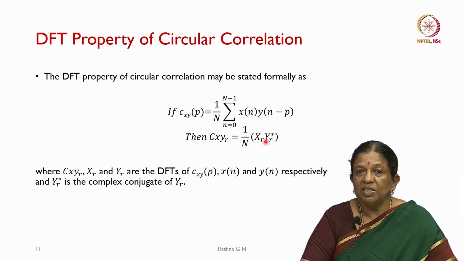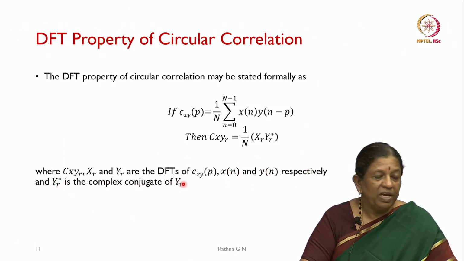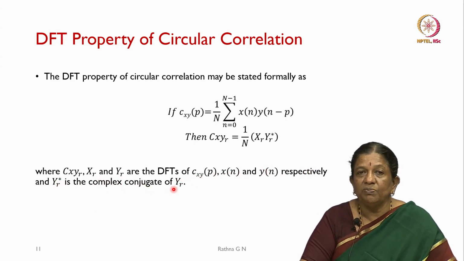So the multiplication is Xr with Yr conjugate, scaled by 1 by N. Here Xr and Yr are the DFTs of x(n) and y(n), and Yr conjugate is the complex conjugate of the DFT of y(n).